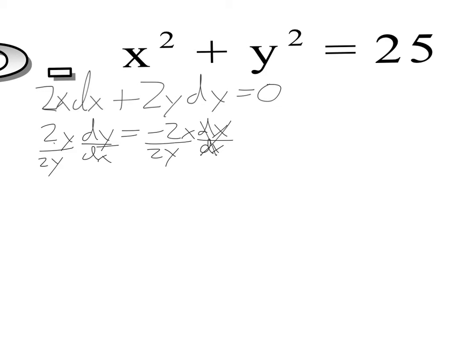So this cancels and this cancels. And so you have dy over dx equals, and the 2's cancel out, so you just have negative x over y.